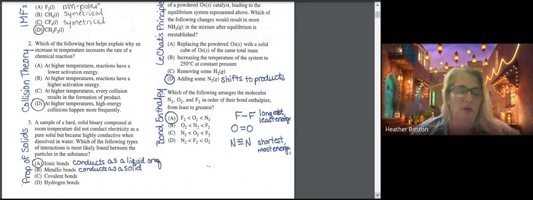So metals don't really dissolve in water, but they do conduct electricity as a solid. Ionic compounds conduct electricity as a liquid or when dissolved in water and aqueous, but not as a solid. There will be a question on the AP exam that asks you to show that you know that special difference.